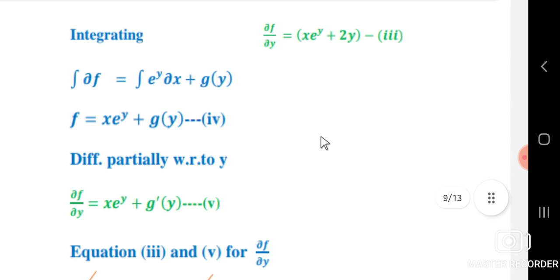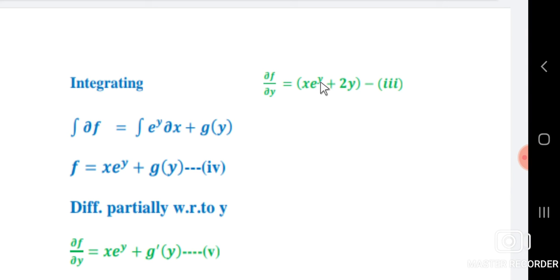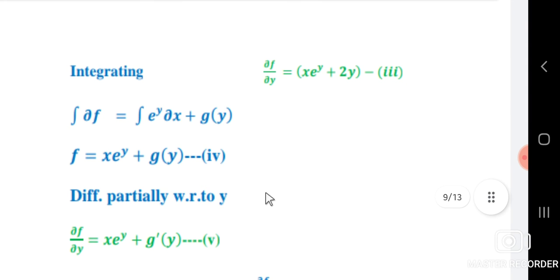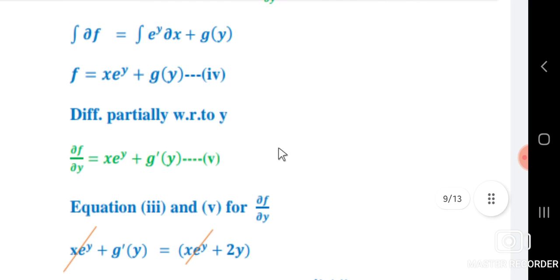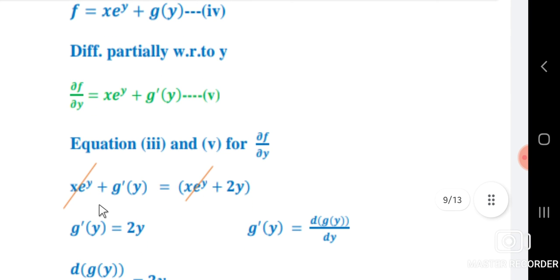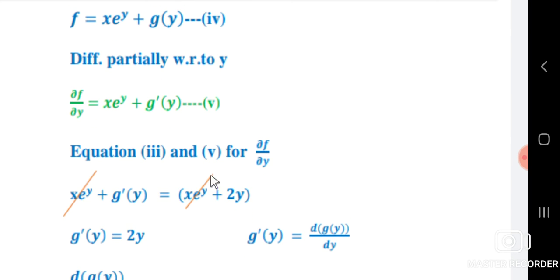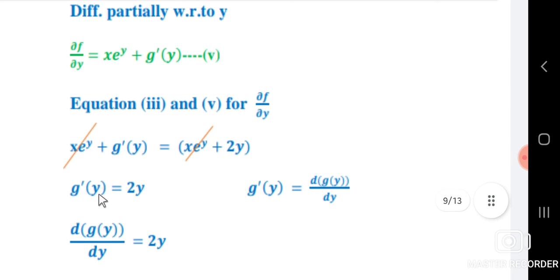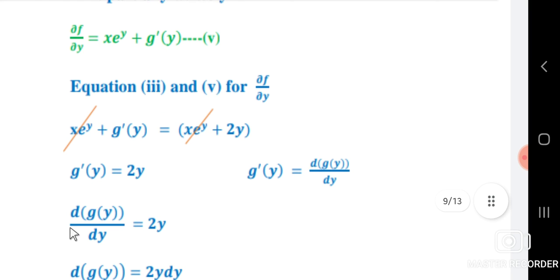Already in the right hand side we have dou f by dou y is equal to x e power y plus 2y. So we will get x e power y plus g dash of y is equal to x e power y plus 2y. Cancelling x e power y, we get g dash of y equals 2y. Since g is a function of a single variable y, this is the ordinary differential, so we write dg of y by dy is equal to 2y.